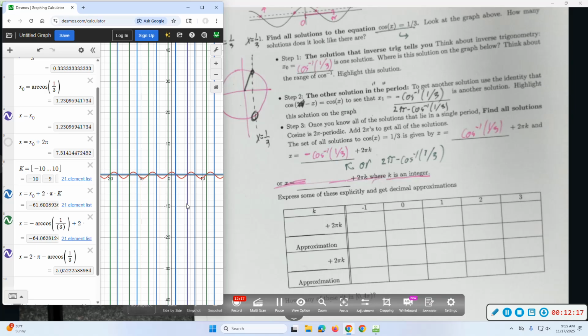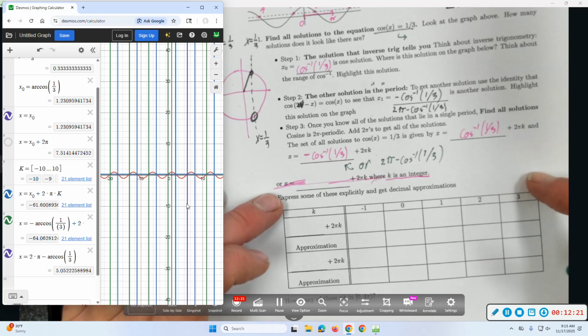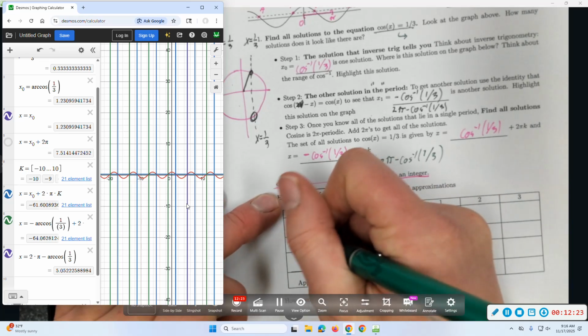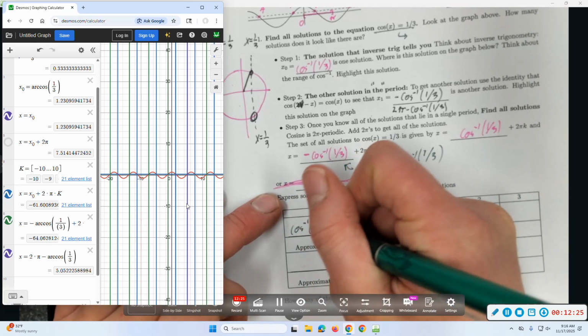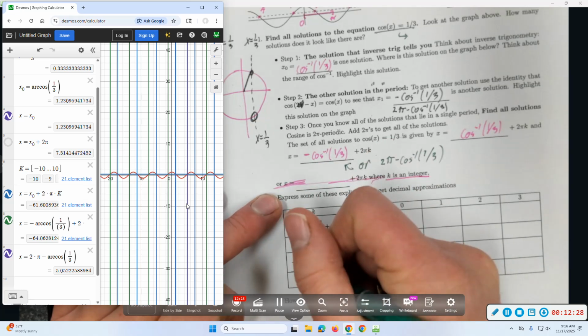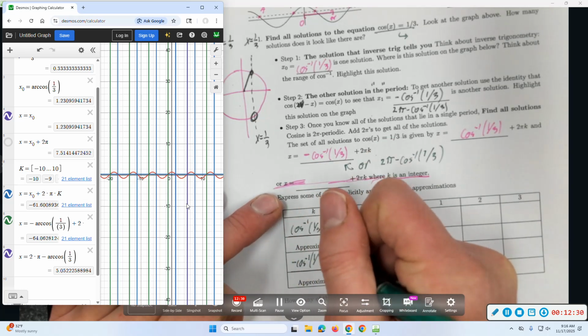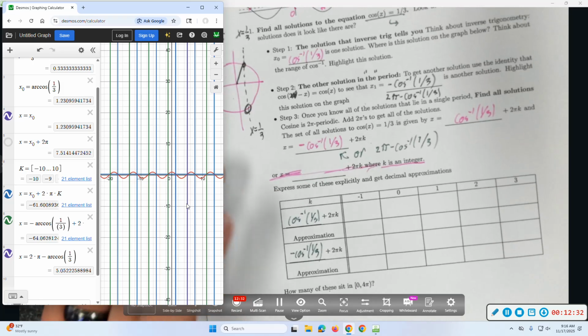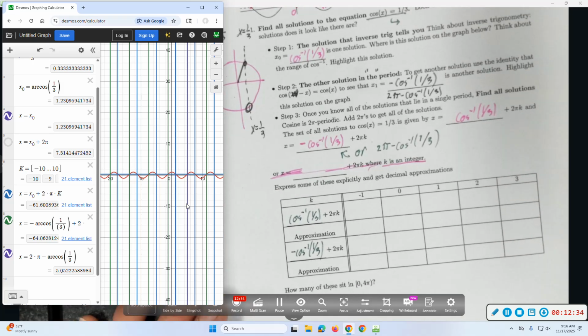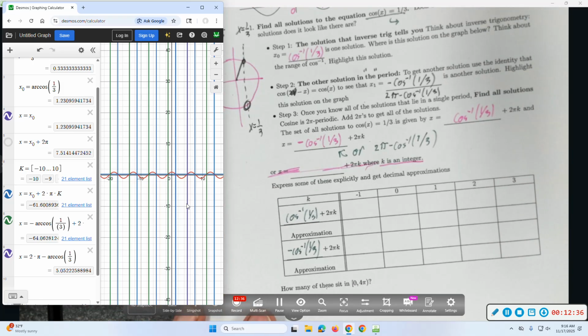One more thing. Let's try to list these. Let's compute cosine inverse of 1 over 3 plus 2 pi k, and negative cosine inverse of 1 over 3 plus 2 pi k. I want to distribute some calculators across the classroom.